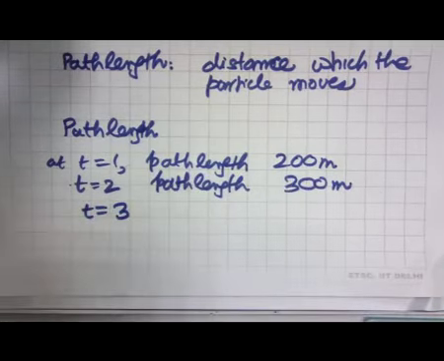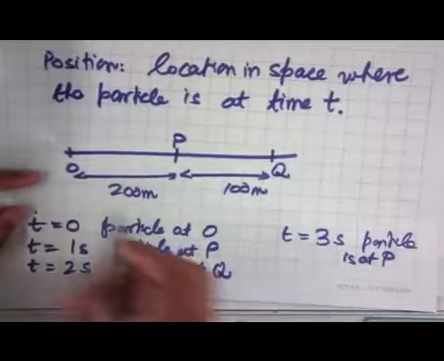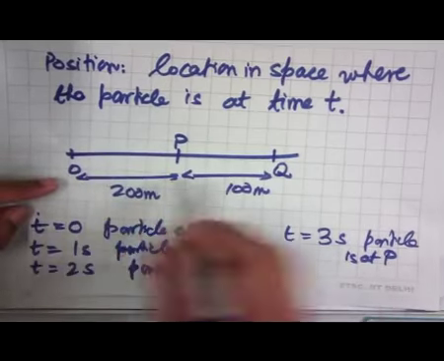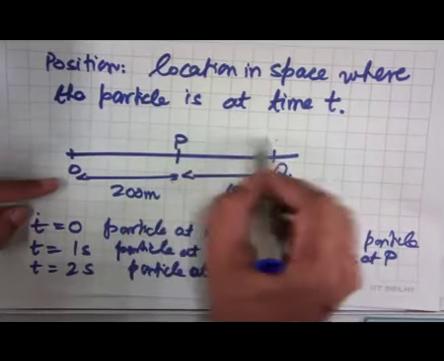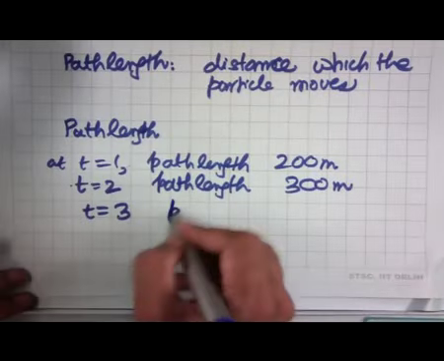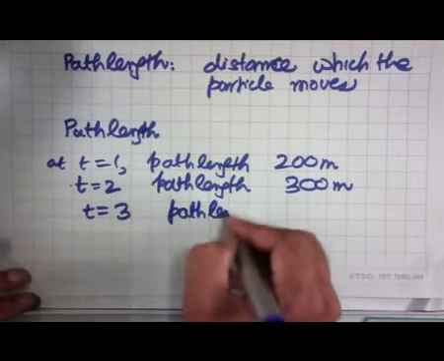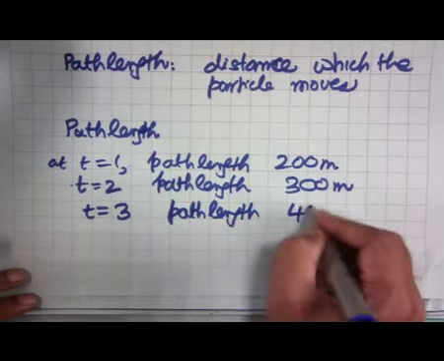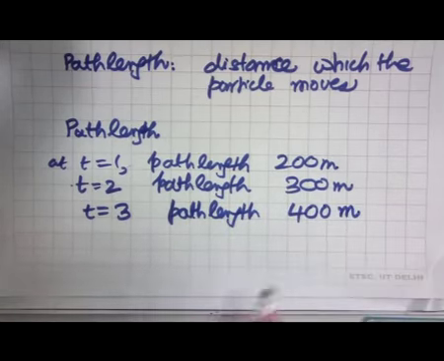And now comes the thing: at t is equal to 3, the particle has moved 200, 100, and then it comes back from Q to P. That means it has moved another 100 meters. So, the path length is equal to 400 meters.